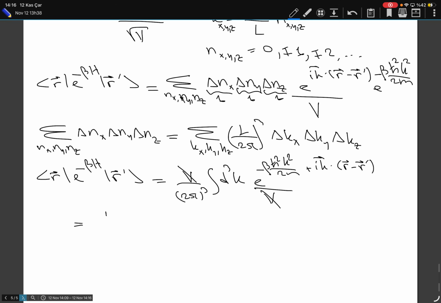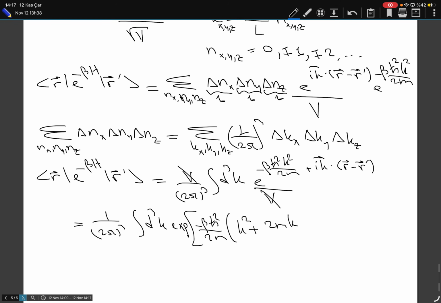So what I have is 1 over (2 pi) cubed, integral d cubed k, exponent minus beta h bar squared over 2m, times k squared plus 2m, minus i 2m k dot (r minus r prime), divided by beta h bar squared.